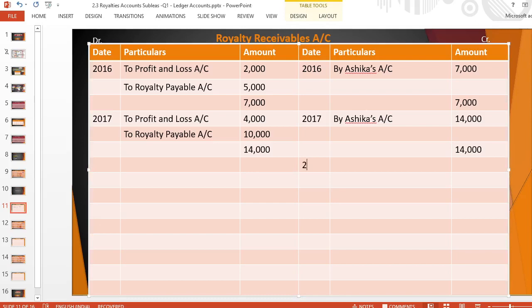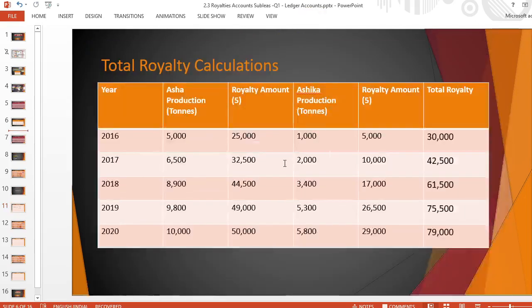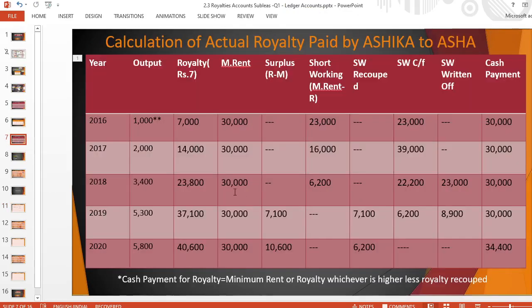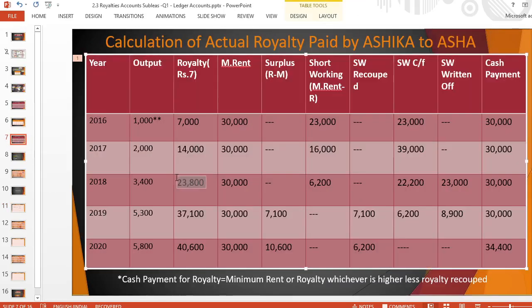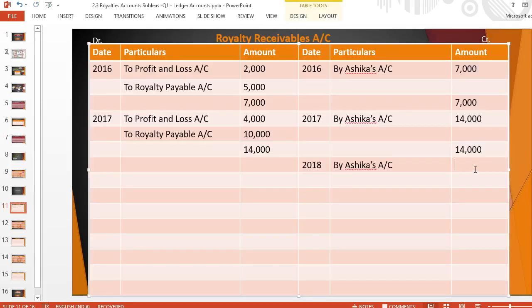Again, you can check in the year 2018. So it's by Ashika's account, the same transaction, and I'll check the amount here. The third year, the royalty due was 23,800.